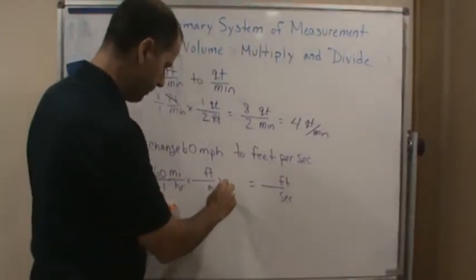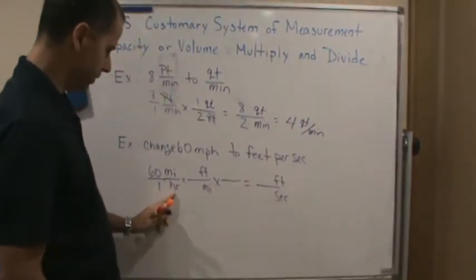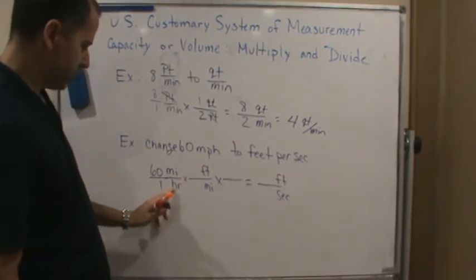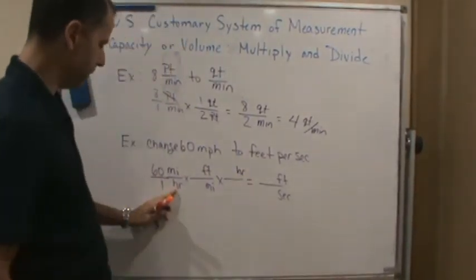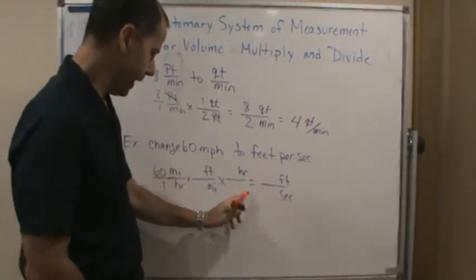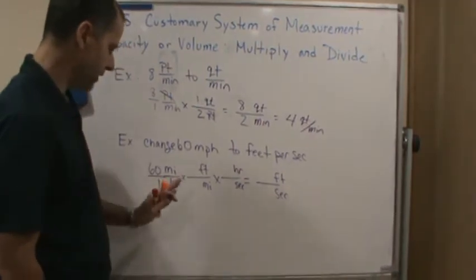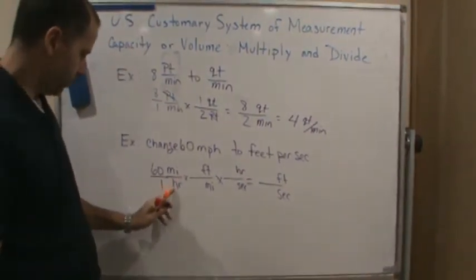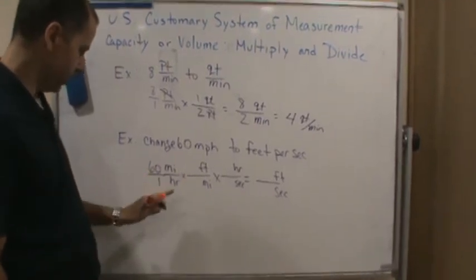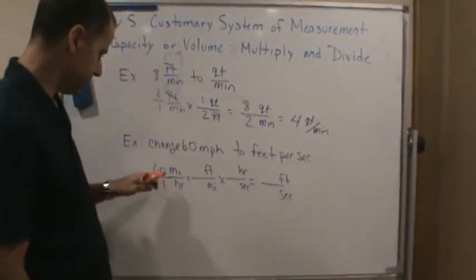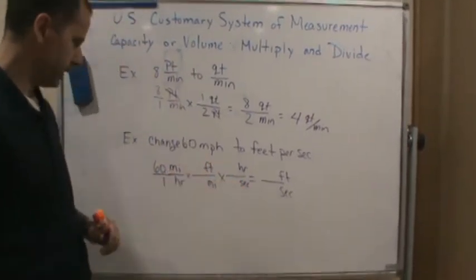So we need to multiply by another unit ratio that involves hours, but this time we want to cancel the hours on the bottom, so we need hours on top. And then we want seconds on the bottom. And so hours will cancel with hours, and miles will cancel with miles, and we end up with feet over seconds.